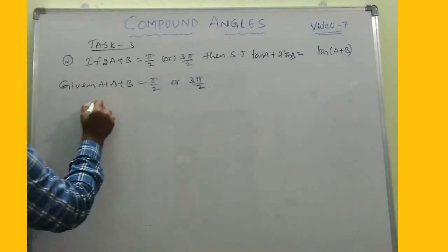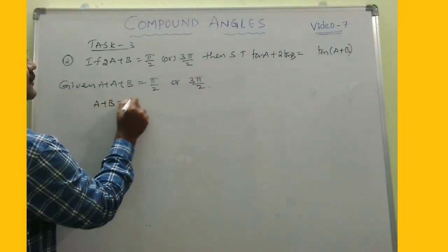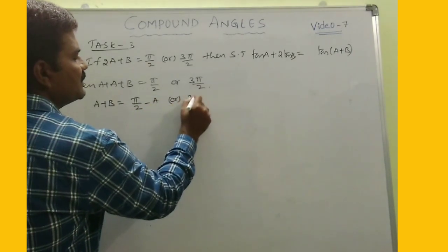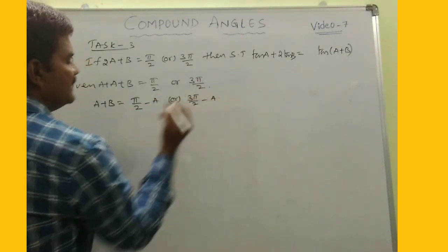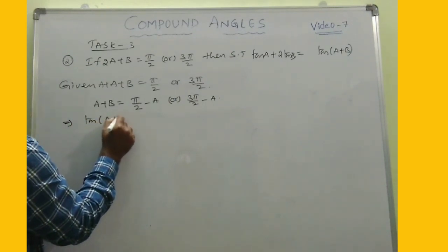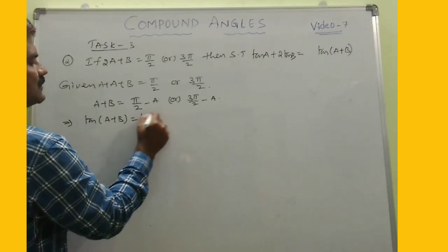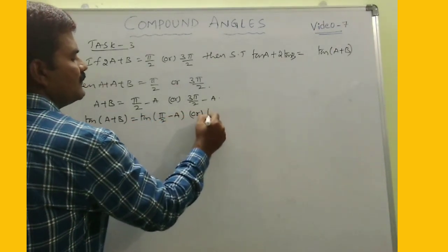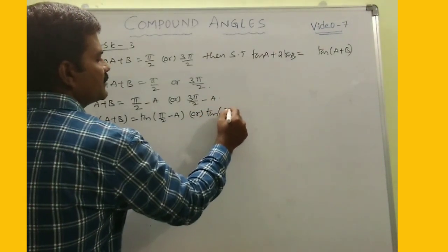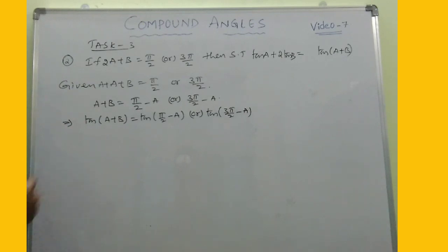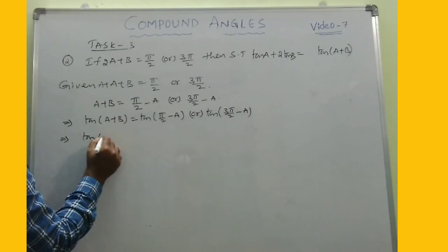Now from this, a plus b is equals to 90 minus a or even 3 pi by 2 minus a, and apply tan on both sides. That is tan of a plus b is equals to tan of 90 minus a or tan of 3 pi by 2 minus a.